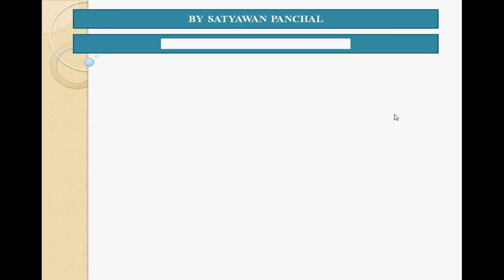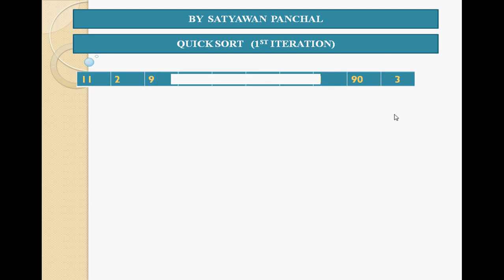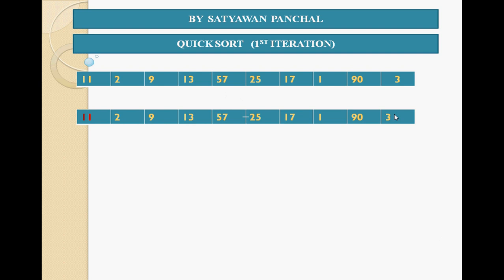Practically, suppose I have this as the first iteration, and this is my list: 11, 2, 9, 13, 57, up to 3. As we discussed in the last slide, we'll be taking a pivot. Well, 11 is taken as the pivot.